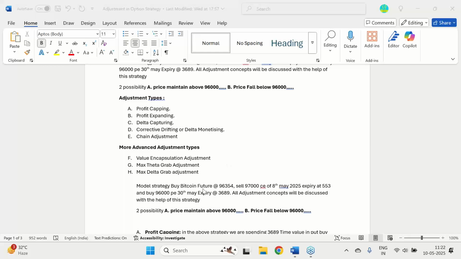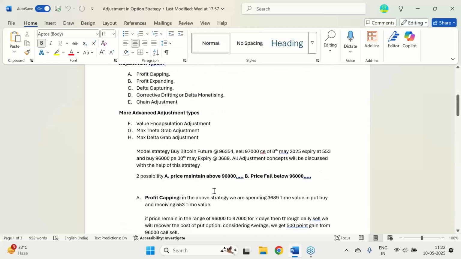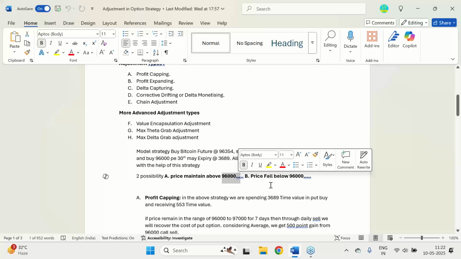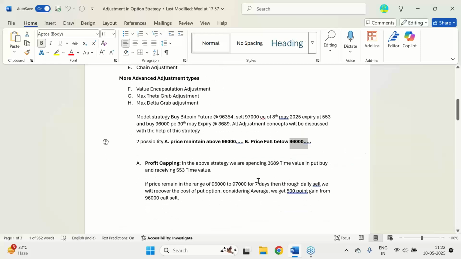So as I said to you, this is our model strategy. We are buying a future, buying a put option, and selling a call option of daily expiry. We have 2 possibilities. After we initiate the strategy, the price will either stay above 96,000, which is our put strike, or it can fall below 96,000.